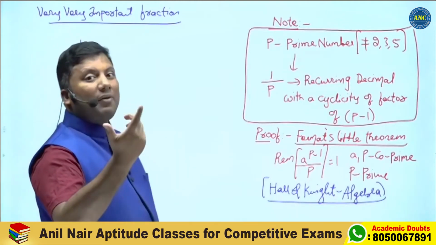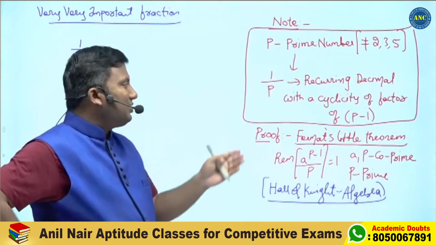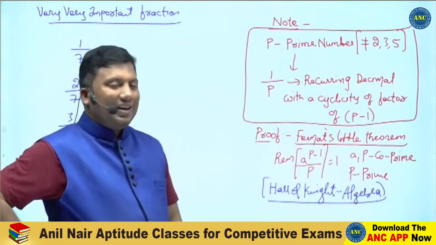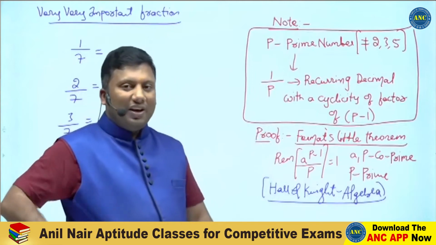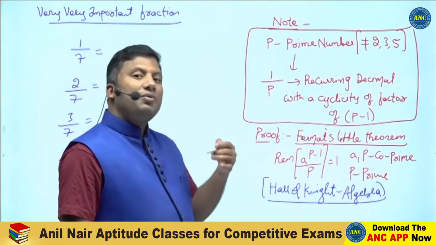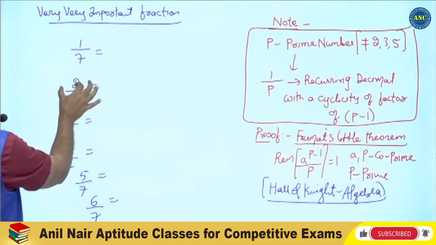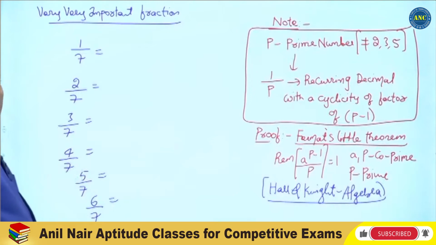It could be p power k. It could be 1 by 49, 1 by 15, or 1 by 35. It could be a combination of multiple prime numbers. That concept we will discuss in fractions and decimals. Only we are concentrating on single prime numbers in the denominator.